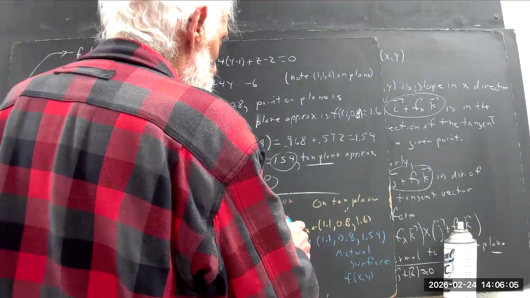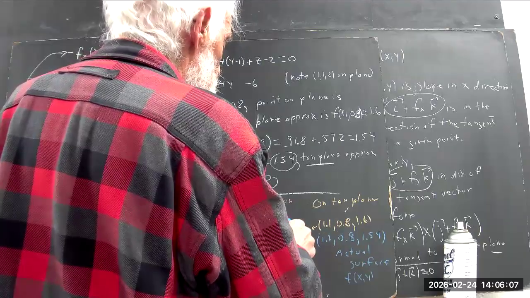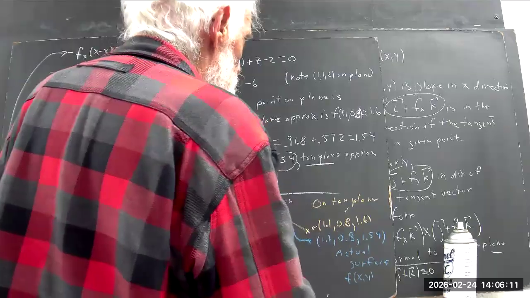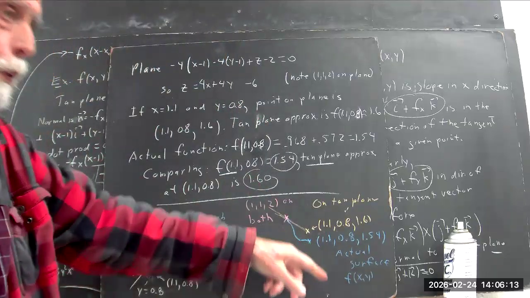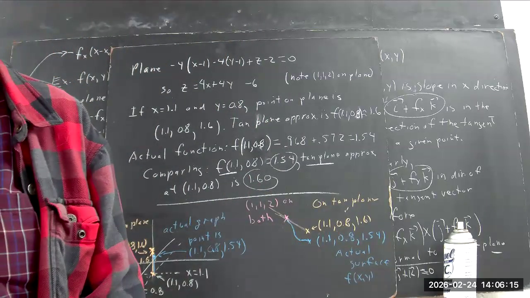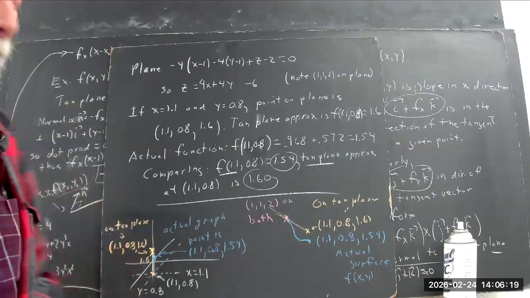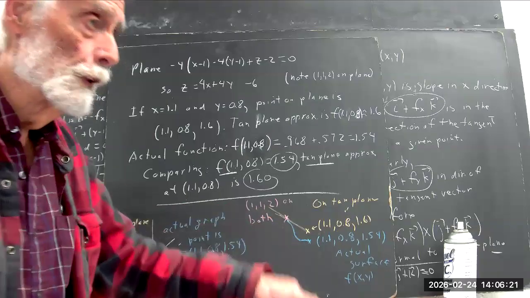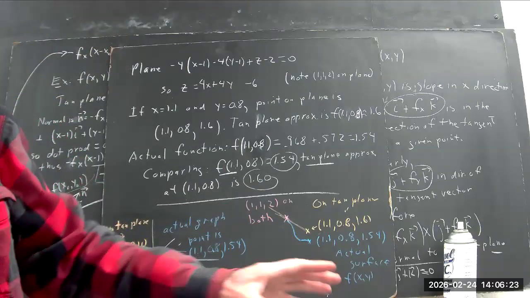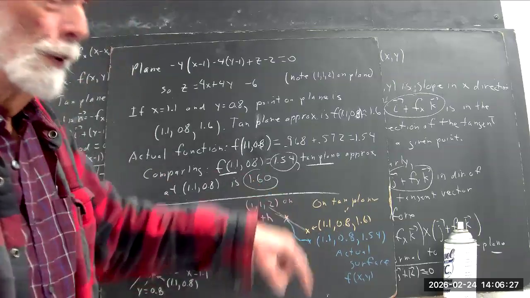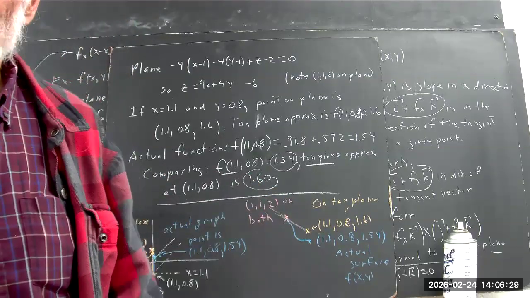From here to here, the plane itself is not curved the way I've drawn it. Almost certainly not. Between these 2 points, it's not curved very much between here and here, but it's curved so it doesn't match the tangent plane.